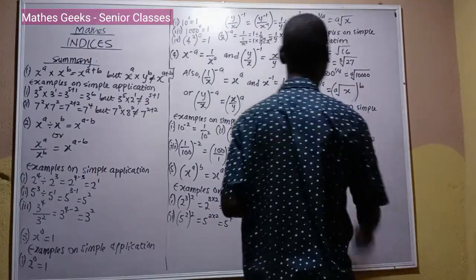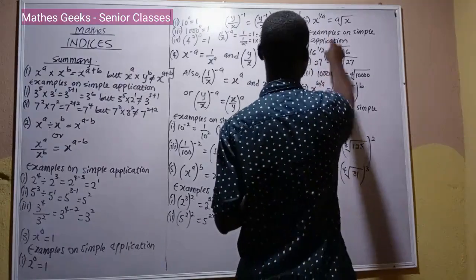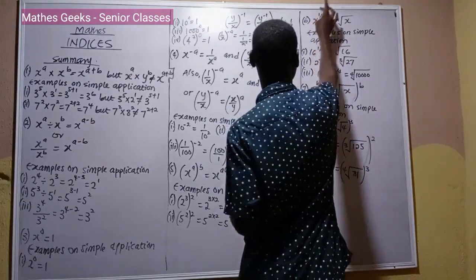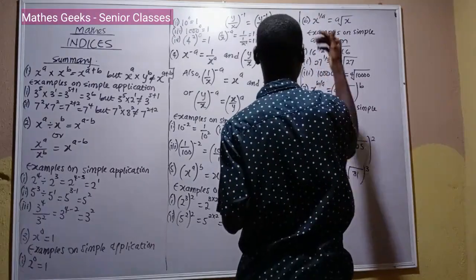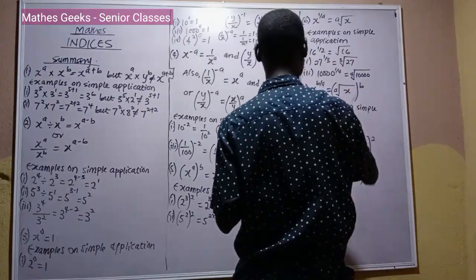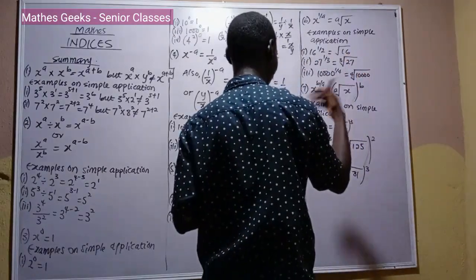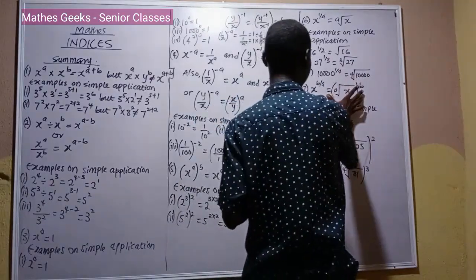So number 7, x raised to b over a. For this part, the difference between this and the previous one is that here the numerator is 1 and here the numerator is higher than 1. So in cases where the base is raised to a fractional power, but the numerator of the fractional power is greater than 1, this is what you are going to get.